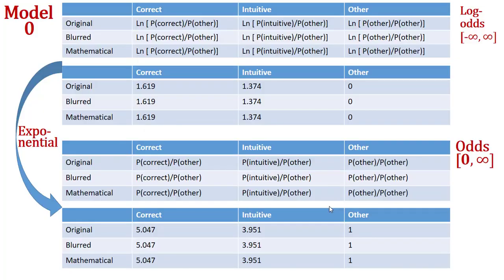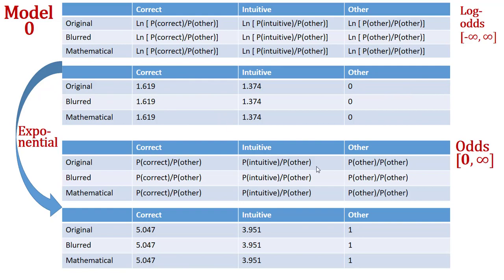Now, the output you will get for model 0, if you use any software, is these two values, 1.619 and 1.374. I want to show you where those numbers come from and what they mean, and I also momentarily complicated things by presenting 9 values.